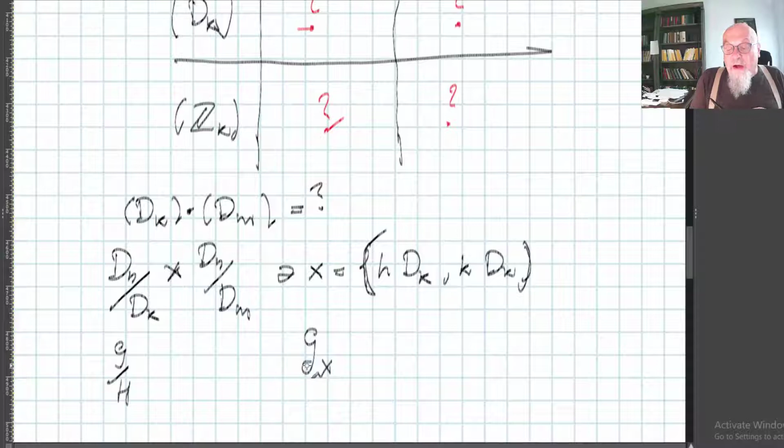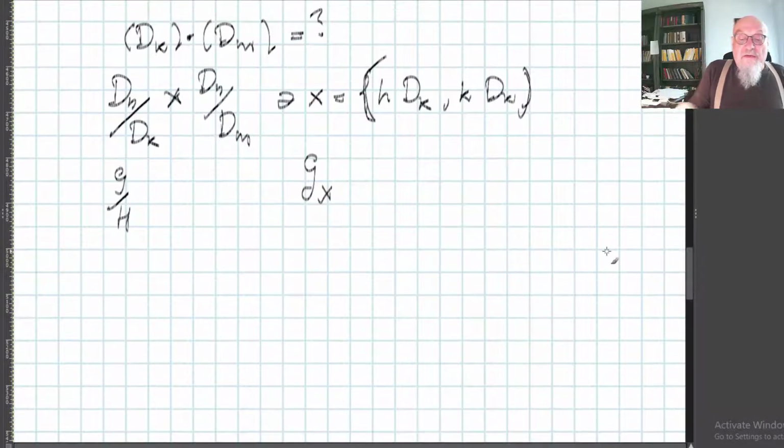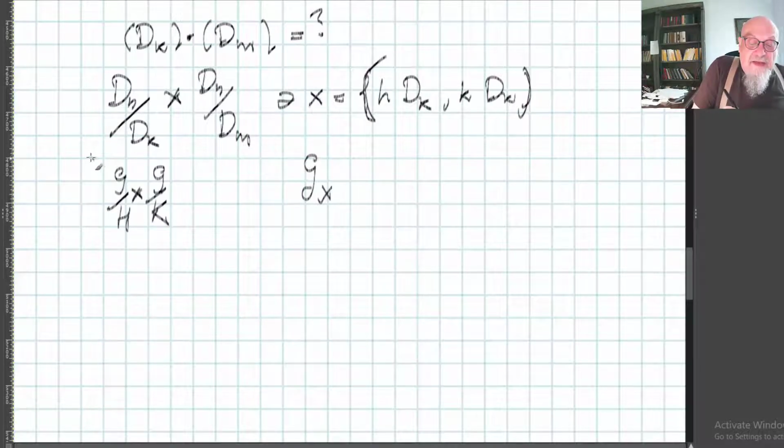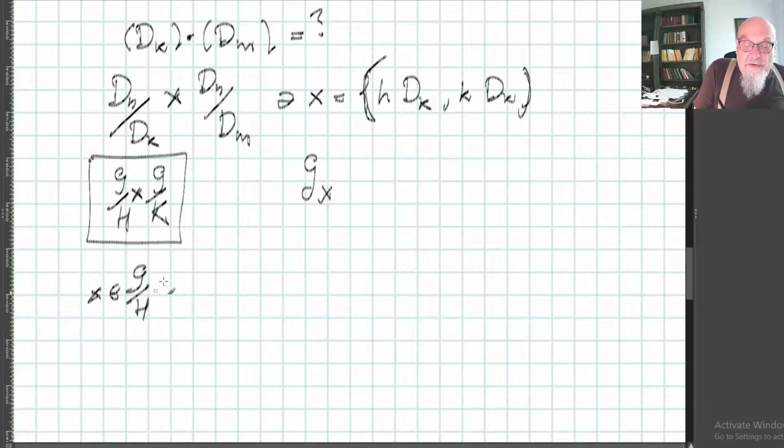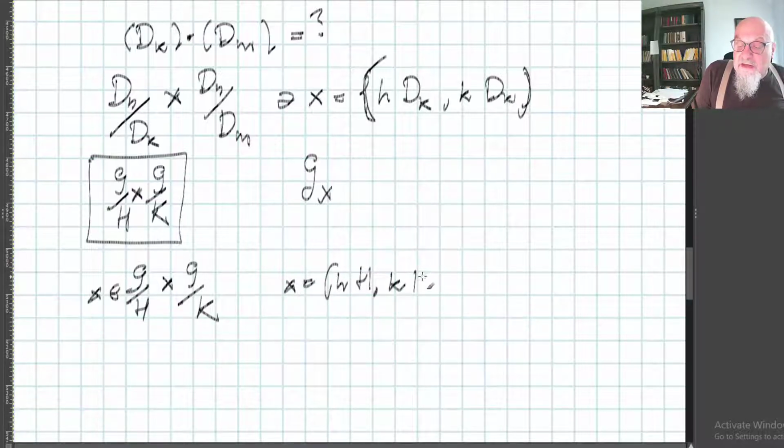The isotropy of that element will indicate what is the orbit type of that element. So let's do it in general. So here we have this product. What I said is basically take this x belonging to this particular product and then compute its isotropy. So x is equal to (hH, kK), and let's compute this.